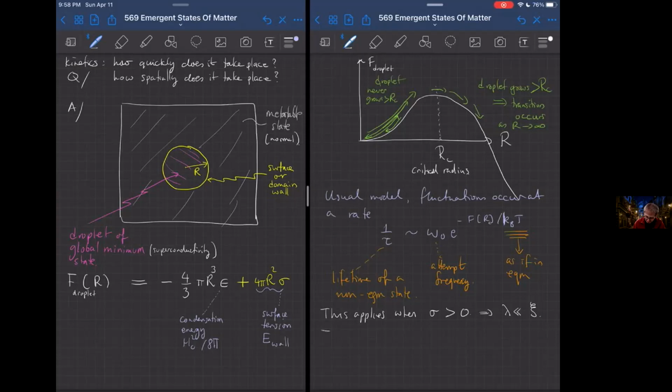So for type 2 superconductors, actually what happens is that lambda is much larger than psi, and in fact, we'll see this, kappa has to be bigger than 1/√2.